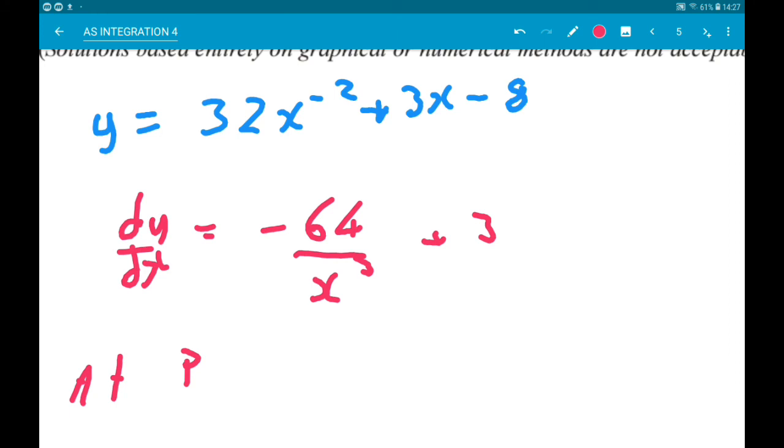So dy by dx is going to be minus 64 over 64, add 3. So that's minus 1, add 3, which is 2.